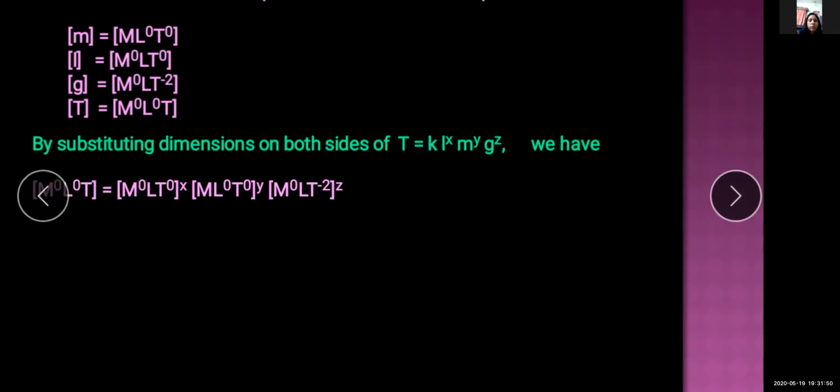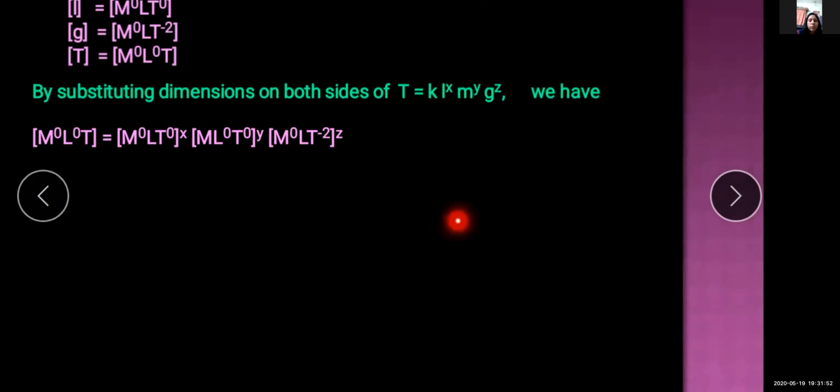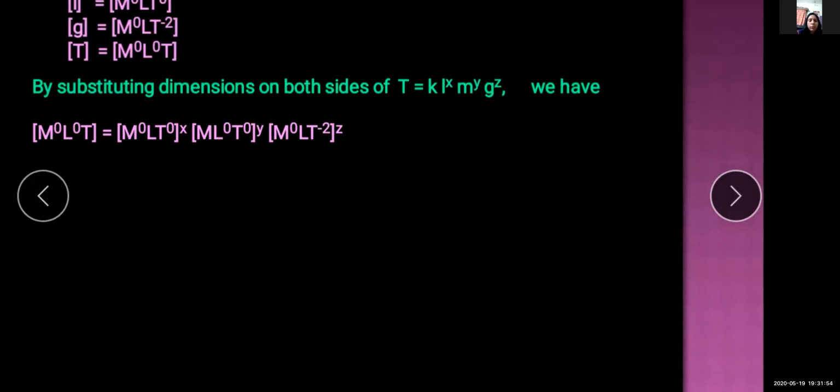On putting these values in this equation, we will get M0 L0 T equal to M0 L T0 raised to power x, M T0 raised to power y, M0 L T minus 2 raised to power z.